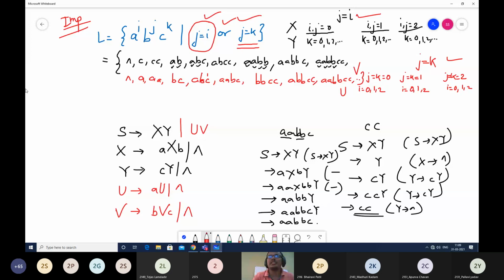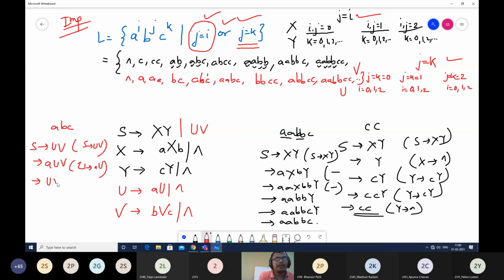Suppose I want to accept a string like ABC. I'll use S gives UV first. Then U is representing the A's, so I need one A. I'm applying U gives AU once.